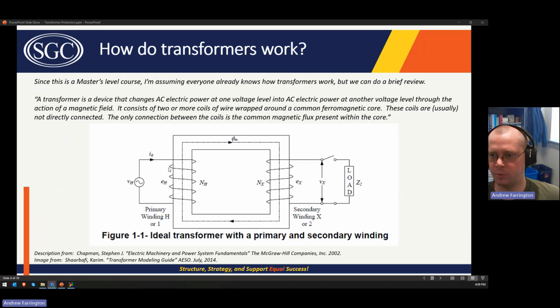Using the right-hand rule, the current flowing through this winding creates a flux that then flows through the core and down through this winding or coil. Then because of the flux flowing through that coil, again due to the right-hand rule, current flows out and into the load. That's an ideal transformer. I know that's review for everybody, but this is what we're talking about. This would be a single phase transformer.